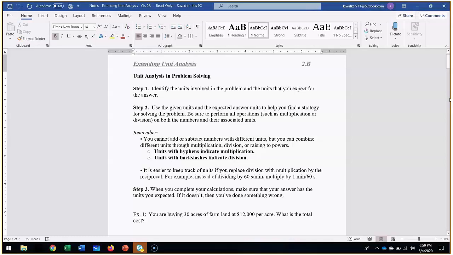One of the strategies that I like to use when I'm doing problems like this is, after I understand what's going on in the problem, I go right to what the answer is asking for. And if I know that I need to end, for example, with milligrams, sometimes I work it backwards and set everything up so that things will cancel.